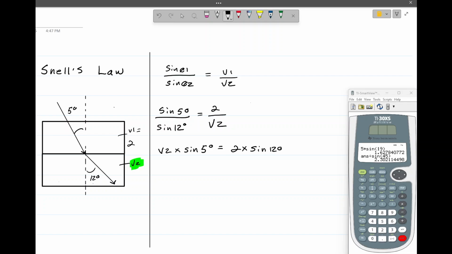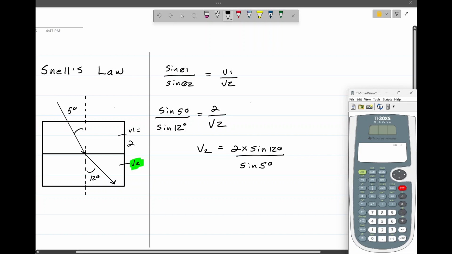Okay, step 4, get the variable by itself, which is V2. So I'm going to divide each side by the sine of 5 degrees. That cancels out. Okay, and what I'm left with is V2 equals 2 times the sine of 12 degrees divided by the sine of 5 degrees.